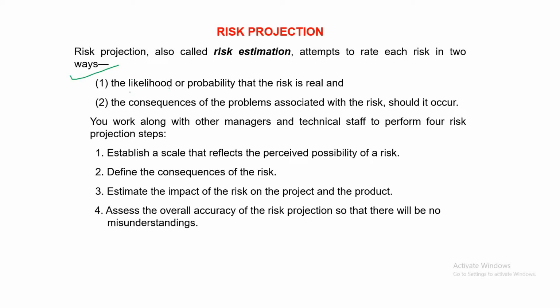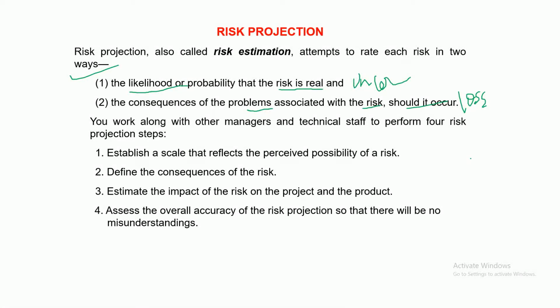First one is the likelihood or the probability that the risk is real, that the risk may happen. And the second is the consequence of the problem associated with the risk, should it occur. Again, this is something known as uncertainty and this is something known as loss. The 2 factors are uncertainty and loss.